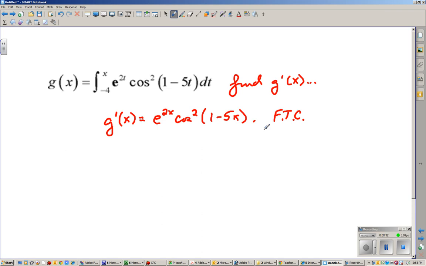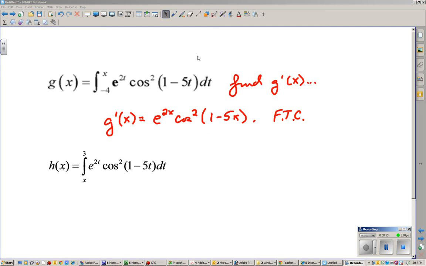Take a look at yet another example. Now this next example, I made it almost like the first one, and the significant difference is that I've switched up the constant and the variable in the limits of integration.